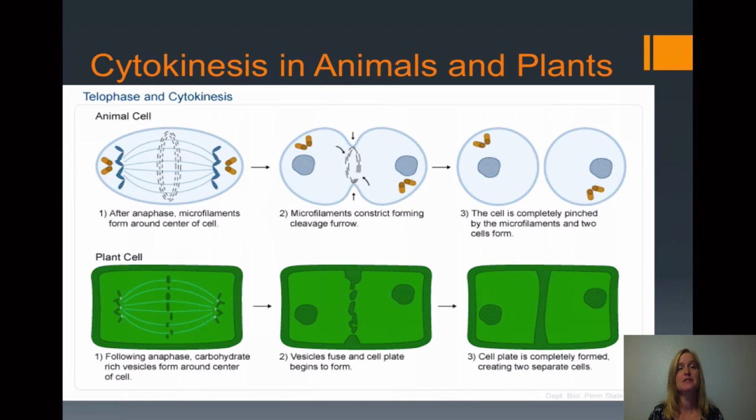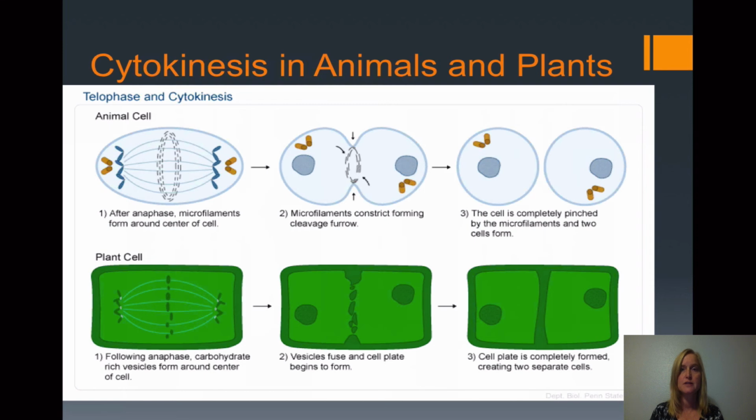So the next thing I'm going to talk about is cytokinesis. Cytokinesis happens at the end of mitosis, it happens at the end of meiosis, and it's actually the division of the 2 cells that have formed. This process is a little bit different in animal cells and plant cells, so it's worth mentioning how this occurs. In an animal cell, after anaphase, microfilaments form around the center of the cell.